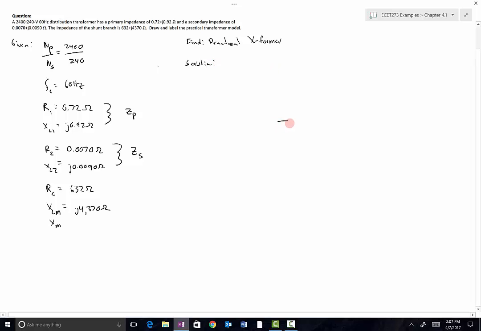It starts with an ideal transformer, and we modify from there. On the primary side, we have a series branch and a shunt branch. So the modification looks like this. We've got R1 and XL1 in series, and then we've got RC and XLM in shunt.